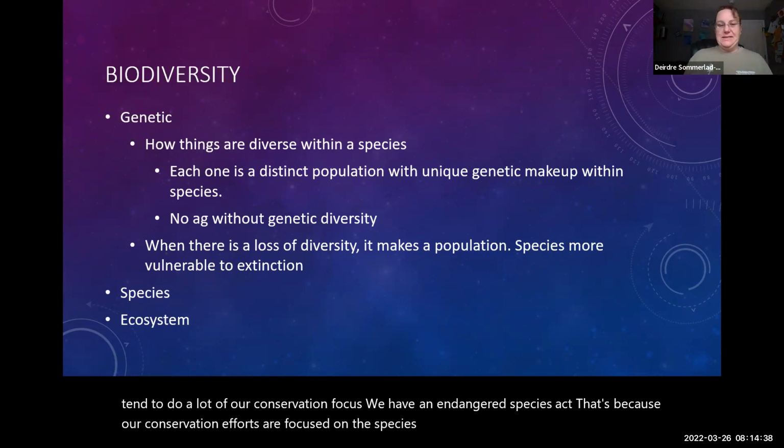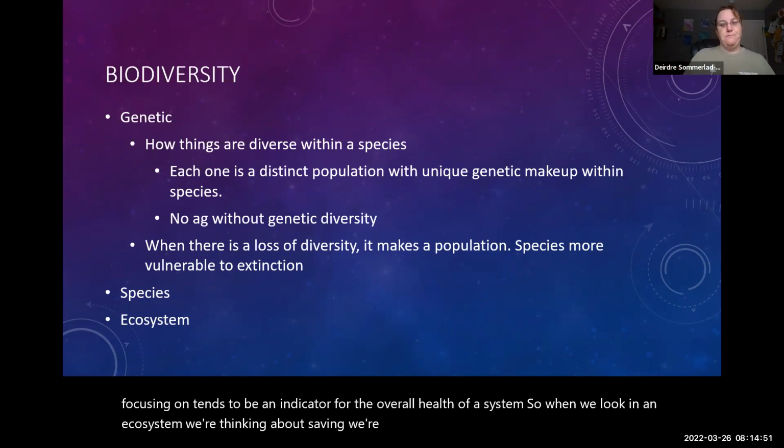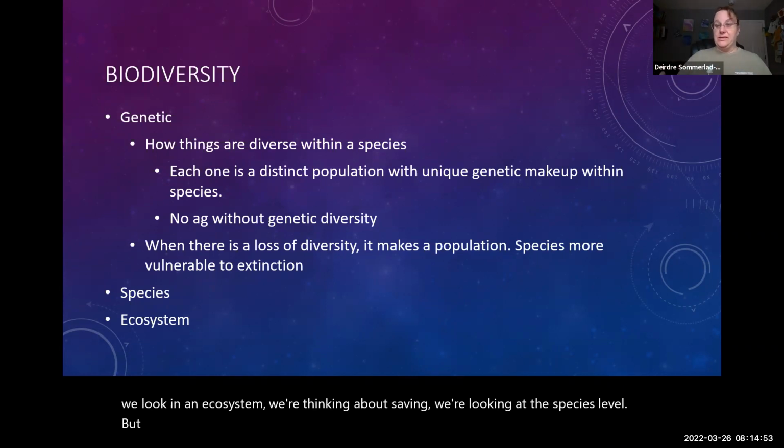But really these species that we are focusing on tend to be an indicator for the overall health of a system. So when we look at an ecosystem we're thinking about saving, we're looking at the species level, but that species is a representative of the ecosystem that we're trying to save, kind of the canary in the coal mine.